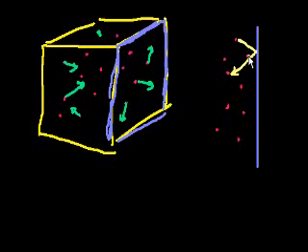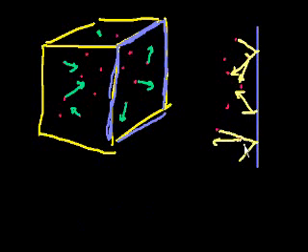This one maybe bumped into it right after it ricocheted, came here. This one changes momentum, goes like that. This one might already have been going in that direction. That one might ricochet. But what's happening is, in any given moment, since there are so many molecules, there's always going to be some molecules that are bumping into the side of the wall.